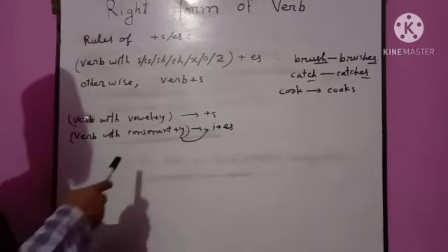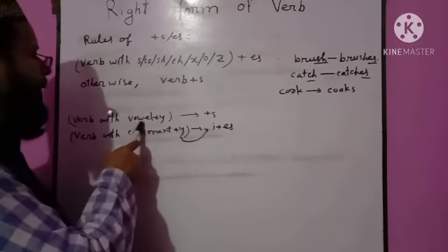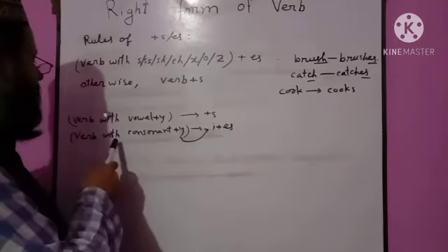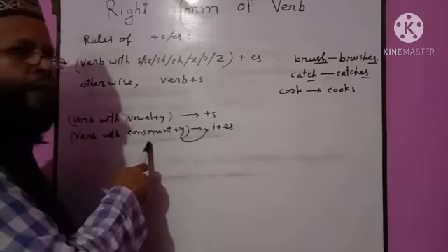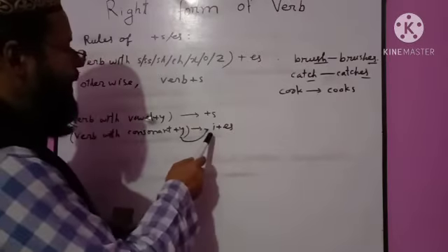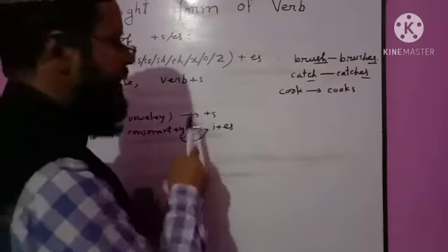If the last letter of the verb is a vowel and y, then we shall add s. But for a verb ending in a consonant and y, we shall add es, and y will be changed into i.